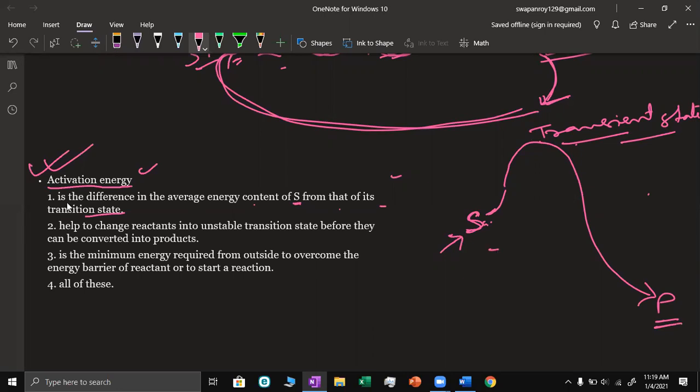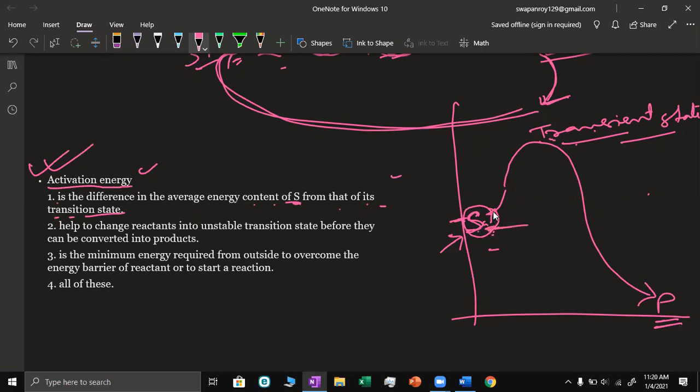So here the definition is the difference in the average energy content of S from that of its transition state. This is the transition state. Here is one part of the energy, whatever energy is there, that is its base level.